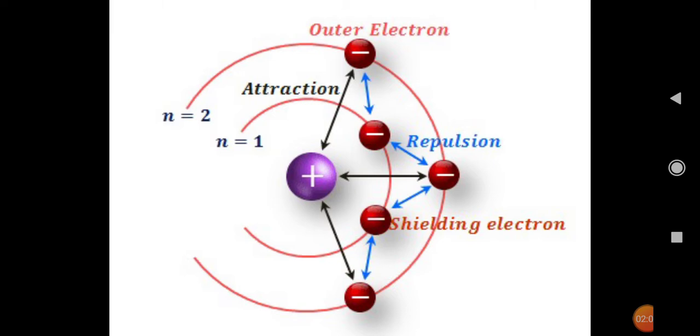This is due to the repulsive force between the inner core electrons and the valence electrons. Mathematically, the nuclear charge is directly proportional to the atomic number, and the charge felt by the outermost electron is called the effective nuclear charge, written as Z effective equals Z minus sigma. Sigma is nothing but the shielding effect.